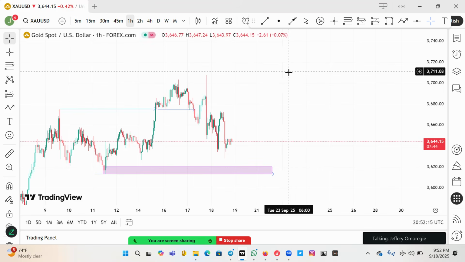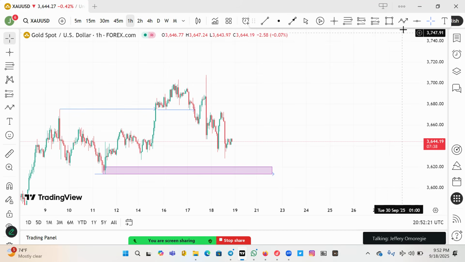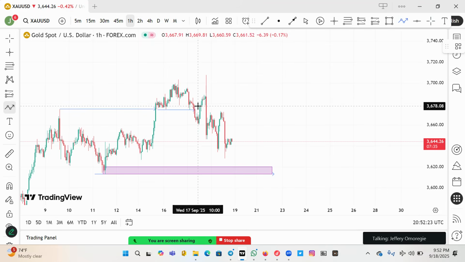But change of flow simply means that if the market by any chance, like what is happening now, gets to your disruption, remember I told you guys it is the disruption that determines the flow of the market.